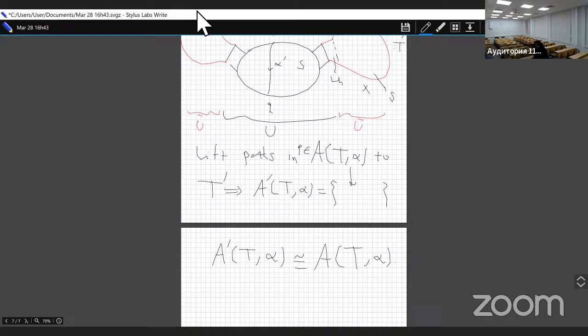Yeah, it is T, it's not S. Okay. So the space of paths inside T is the same as the space of lifts inside T prime or T tilde. Okay. And this is true. Why?